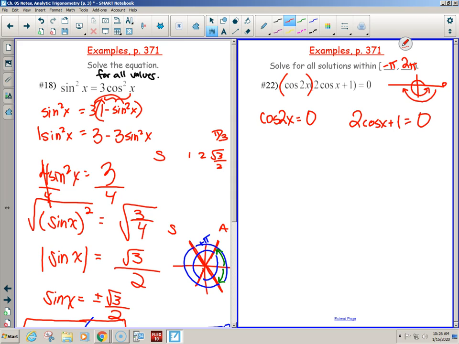What's going on in between these two right now? Multiplication. And if it's multiplication, what am I supposed to be doing then? I'm going to be dividing in just a second, maybe to some of them. But multiplication, I'm going to be splitting and setting each one equal to 0. So I'm taking the factors, which is kind of like dividing, taking the factors and I'm setting each one equal to 0. One of them has to.